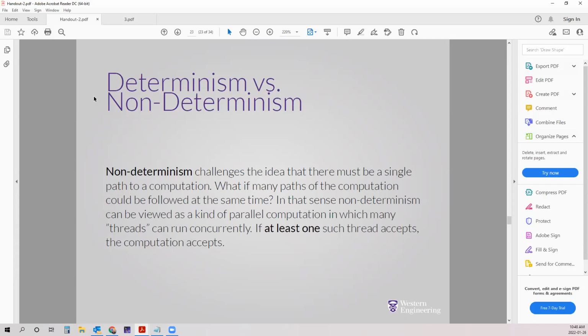In that sense, non-determinism can be viewed as a kind of parallel computation in which many threads can run concurrently, and if at least one such thread accepts, the computation accepts. So here I have multiple paths. If I end up with one of these paths at an accept state, then we will accept.